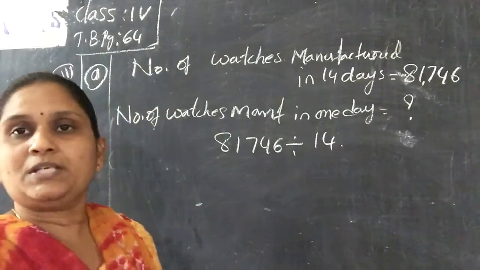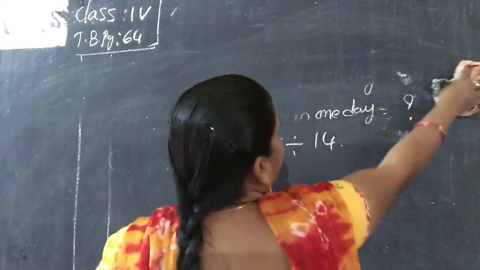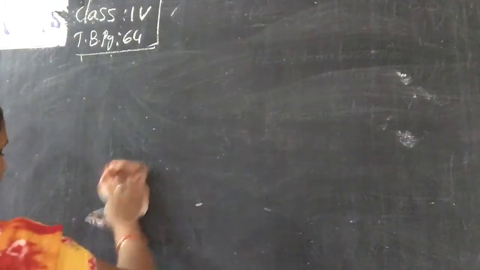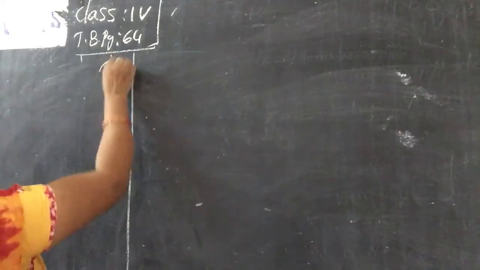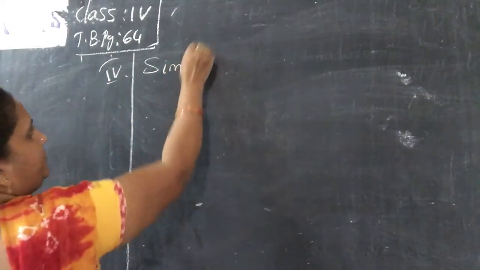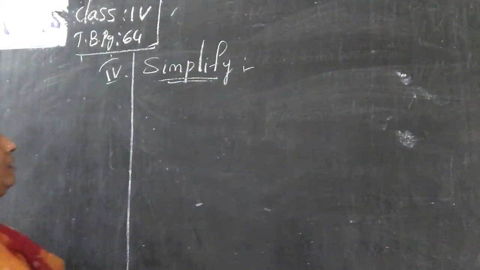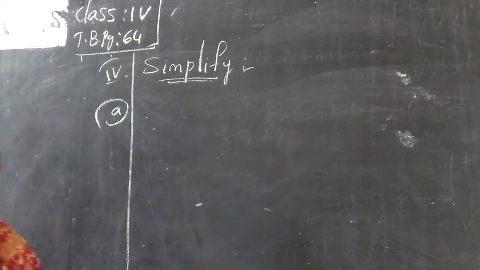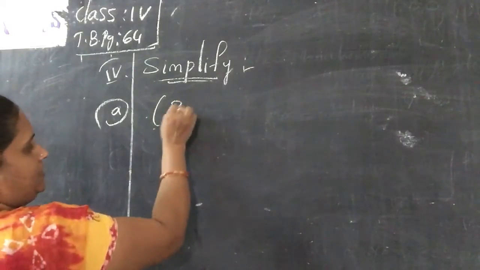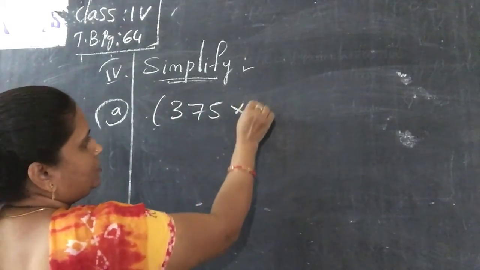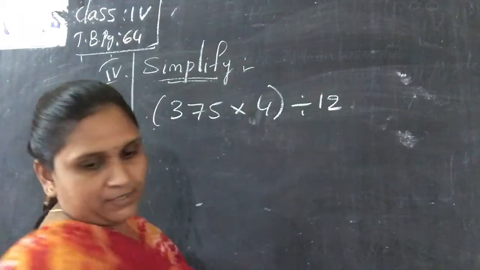Next, coming to section 4, simplify. In that, the first one, 375 into 4 divided by 12.